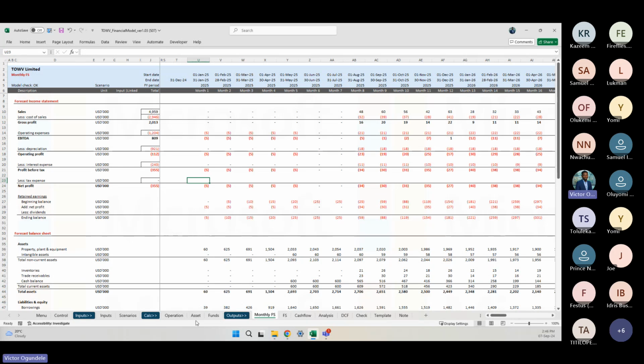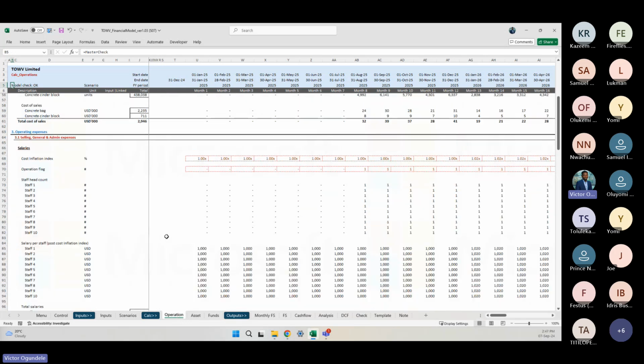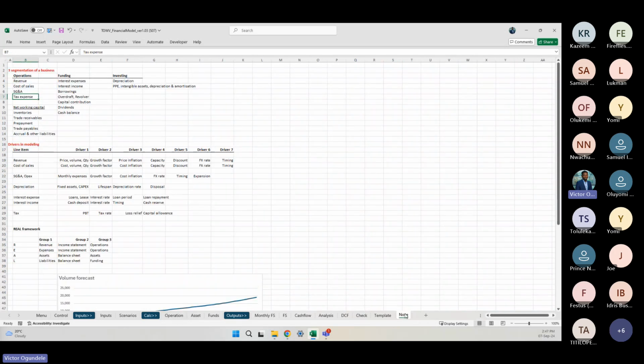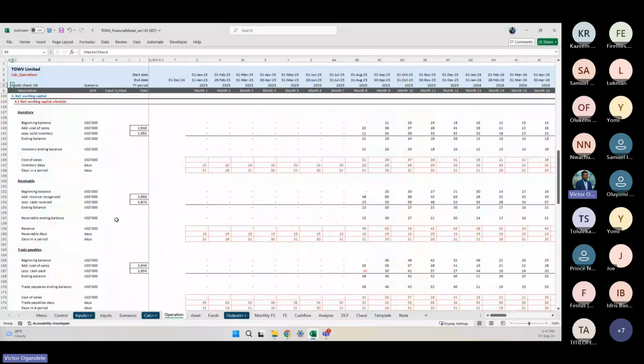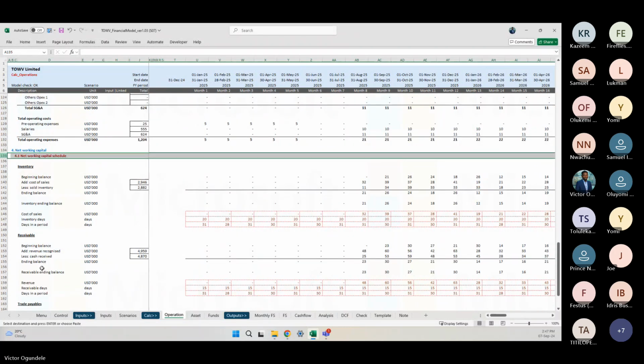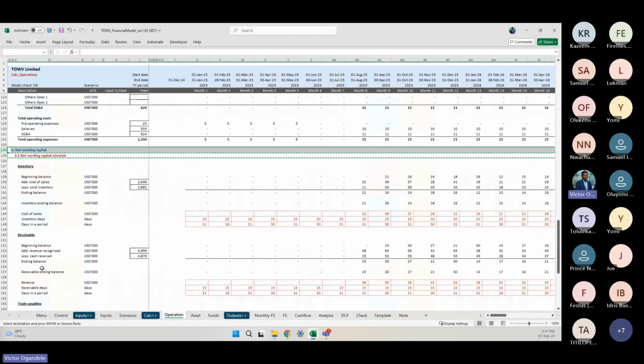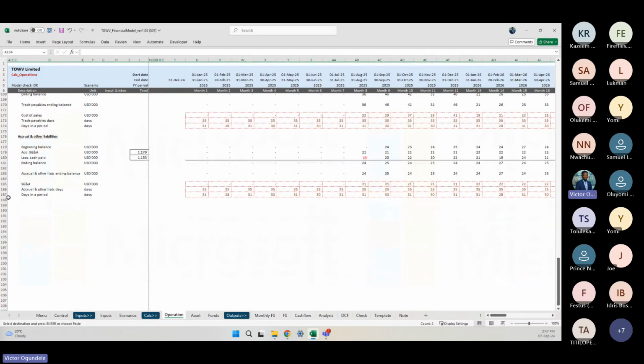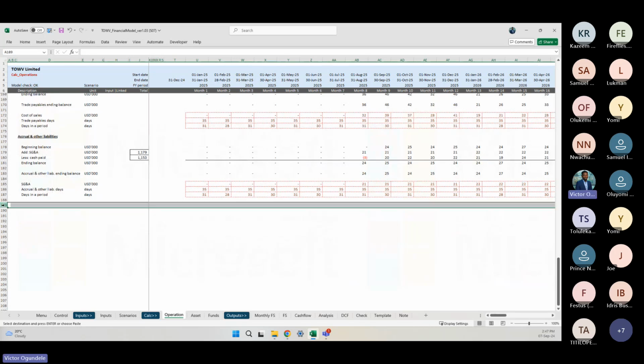One, you can come back to your operation. So where did we put our tax? Okay, yes. So tax is under operation. So come under your operation and create the heading for tax. Like I said, let's just keep it simple.